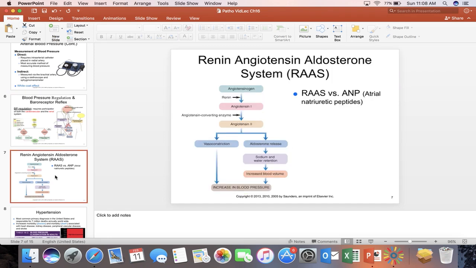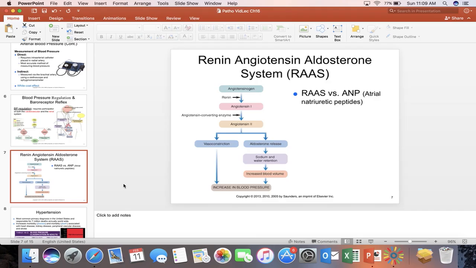The renin-angiotensin-aldosterone system versus the atrial natriuretic peptides. These are two systems that do the opposite of one another.